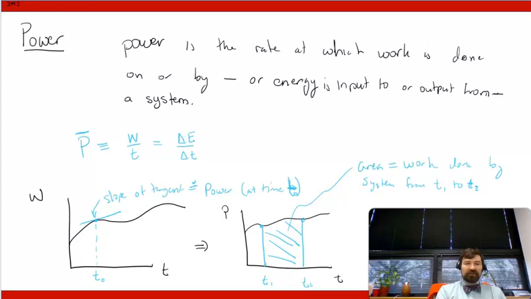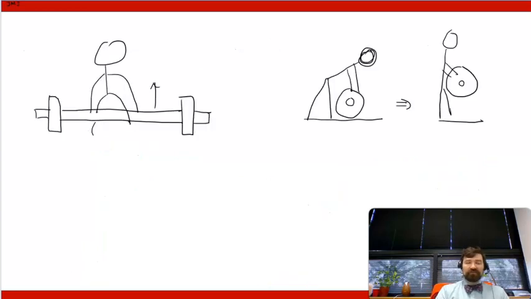So now let's go back to these conceptual examples. I've got this guy lifting a weight, or I've got this guy climbing the stairs. What is different if you run up the stairs or if you quickly lift the weight than if you walk up the stairs or slowly lift the weight?